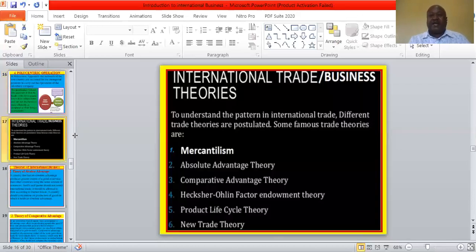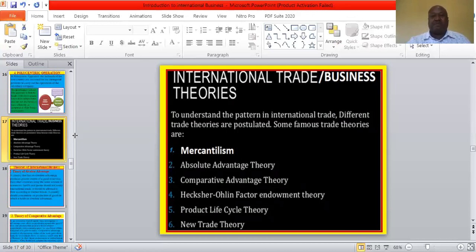Okay, so we have seen the four orientations or approaches to business in the international arena. Let's look at international trade or international business theories. Basically, we shall study five to six. You should know that to understand the pattern in international trade, different trade theories are given. Some famous trade theories are below.